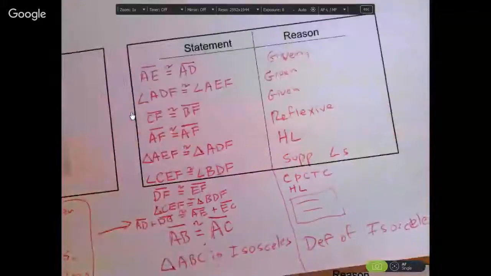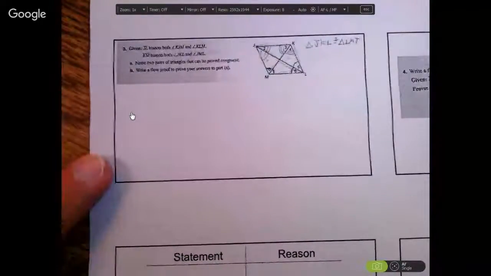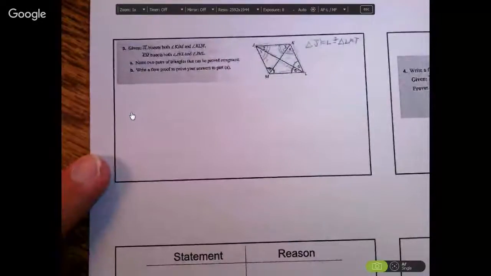All right, so I am not going to do a flow proof. I actually gave you guys space down here for this proof. We're going to try to prove that those, that was the wrong light. Switch it, please. All right, so this one, all we're trying to prove is that the 2 triangles are congruent.